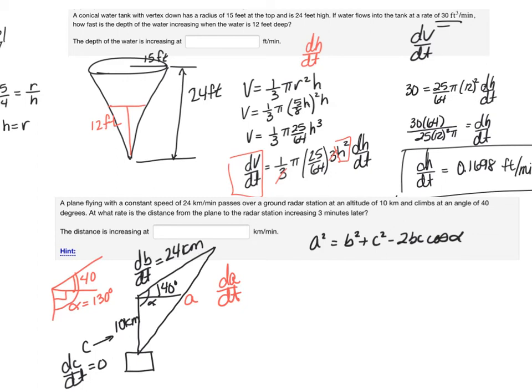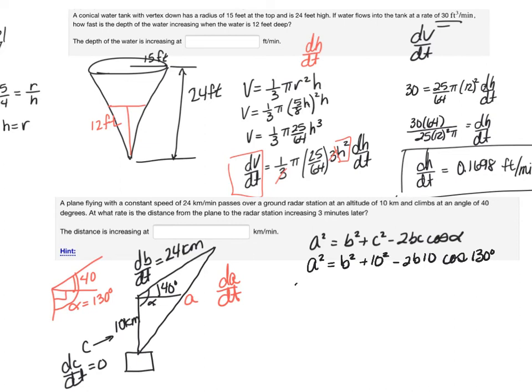So let's go back to our law of cosines and put in our constants that aren't going to change regardless. So a squared is equal to b squared plus 10 squared, because that's not going to change, minus 2b times 10 times the cosine, that angle is not changing either, of 130 degrees.